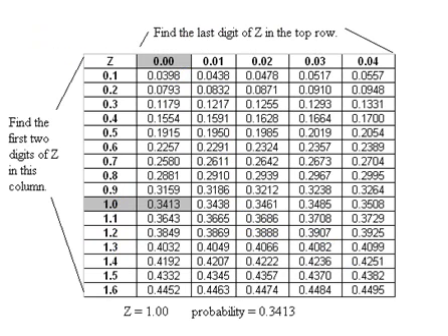Now if you look at the table in the back of the book, the z-table finds the first two digits of z down the left-hand side. So I would find 1.0 here, and the very last digit of z across the top here, and it would give us an area under the curve of 0.3413.